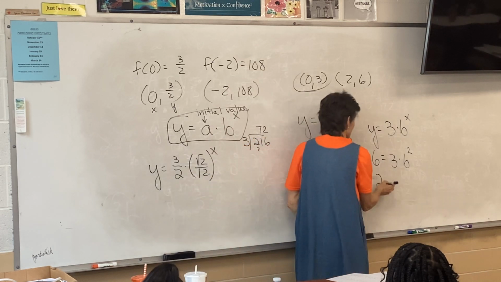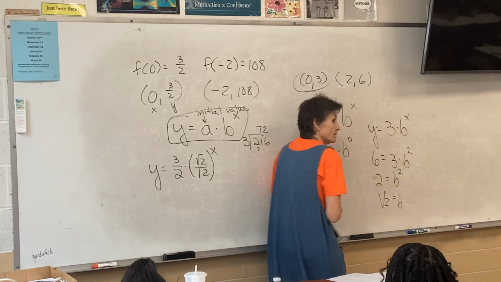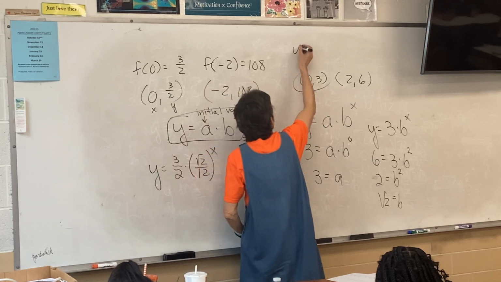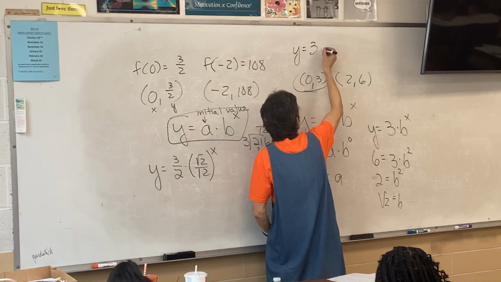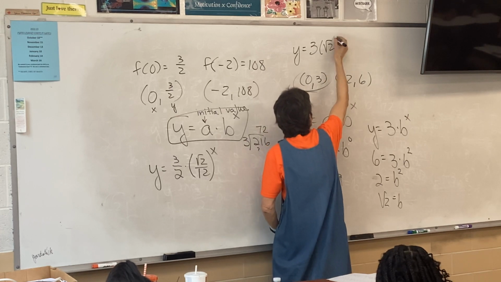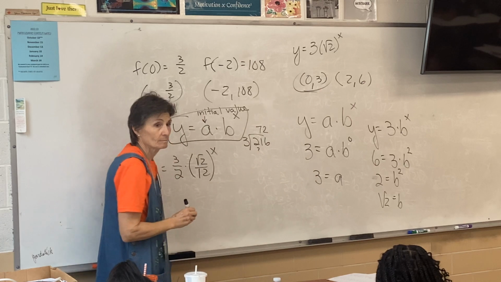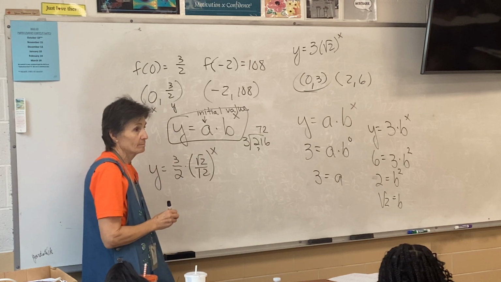So 2 equals b squared and b equals the square root of 2, which is perfectly okay. So my equation is y equals 3 times the square root of 2 to the x. That's it.